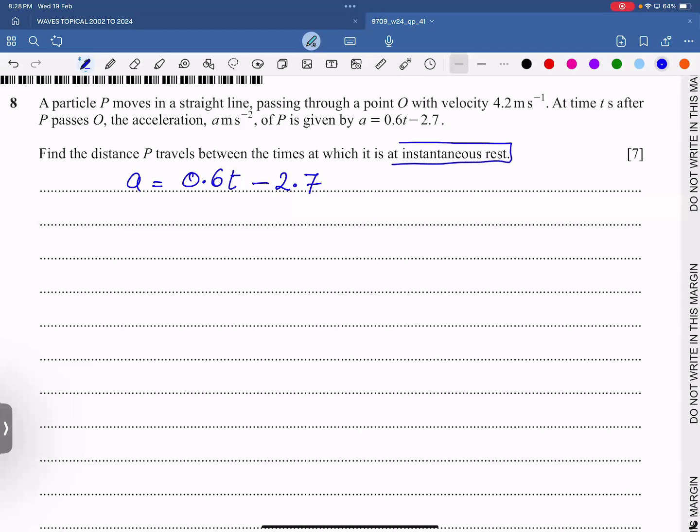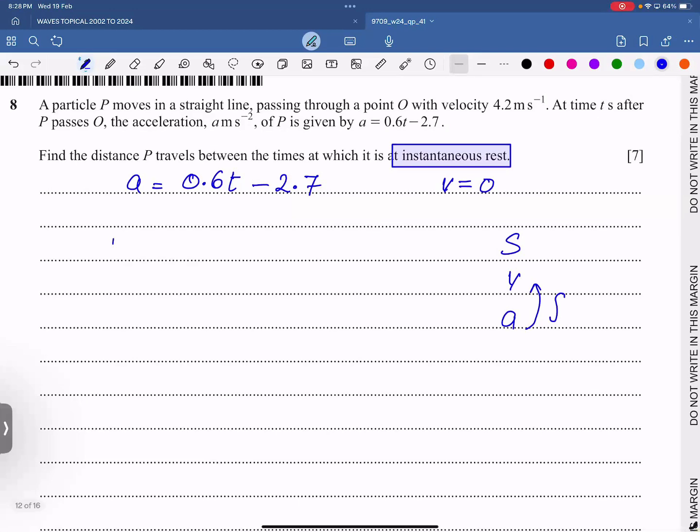So this is your first task. Instantaneous rest means you need to find velocity and put equal to 0. You know SVA. Okay, so if you want to go down to up, you integrate. So from acceleration to velocity, you have to first integrate the acceleration to get the velocity expression.